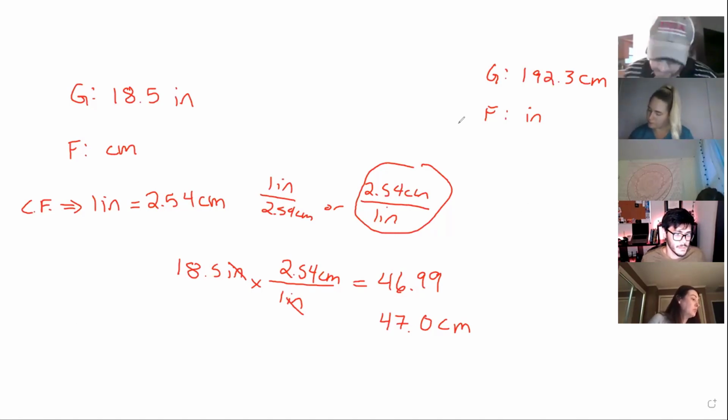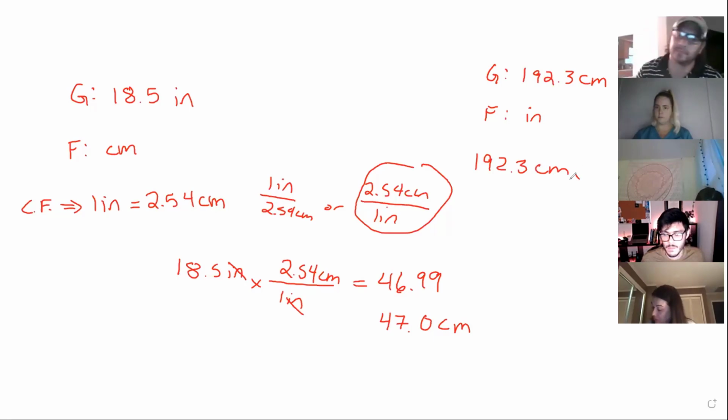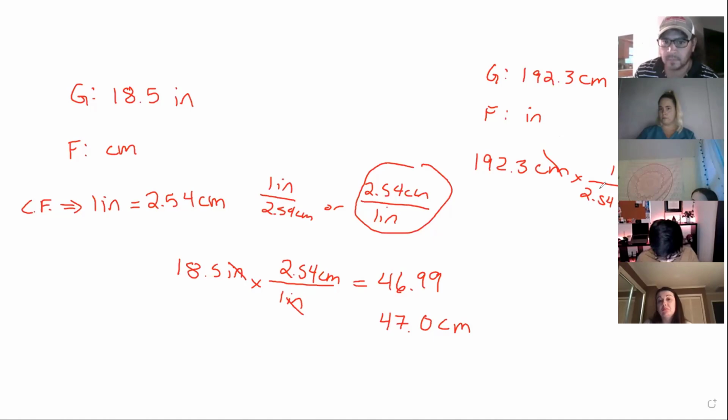Okay, so this one uses similar information, but the setup is slightly different. We have 192.3 centimeters. We want to go to inches. So you can even just put the centimeter on the bottom and the inch on the top, because we want the centimeters to cancel, and then just fill in the information. So 1 inch is equivalent to 2.54 centimeters.